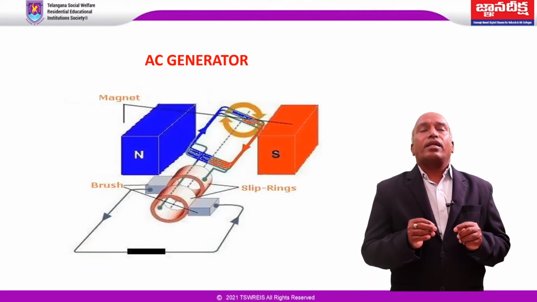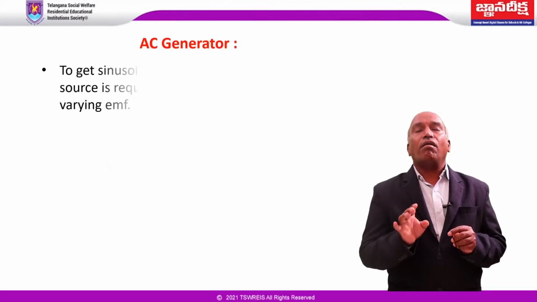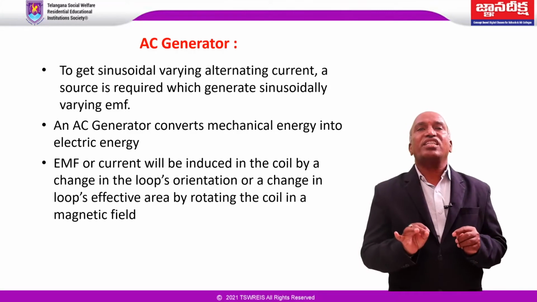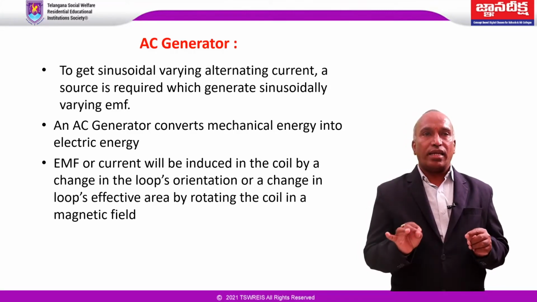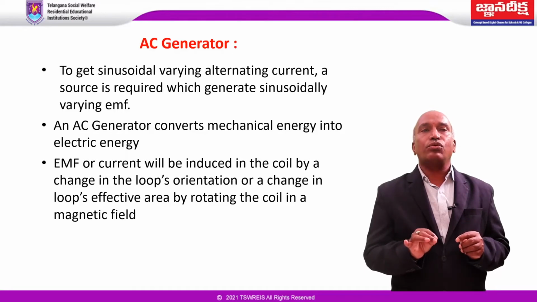AC generator. To get sinusoidally varying alternating current, a source is required which generates sinusoidally varying EMF. An AC generator converts mechanical energy into electric energy.